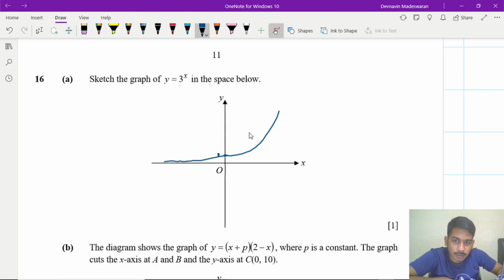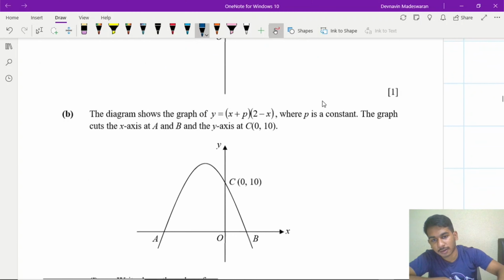Yeah, something like that. Okay, this is good. This is going to be 1. That's all. Y is equal to 3 to the x.